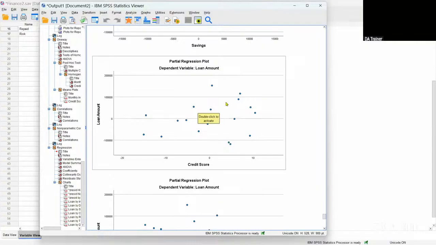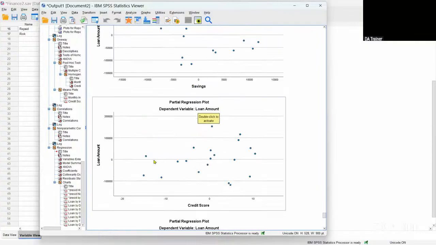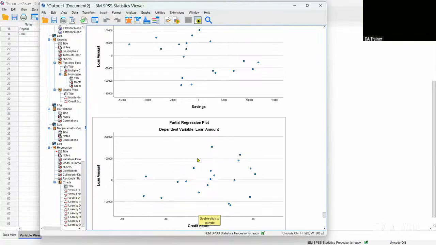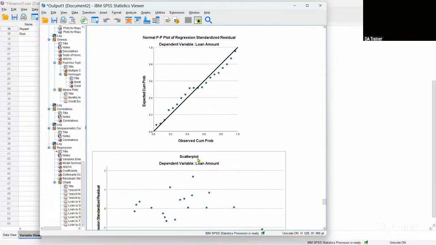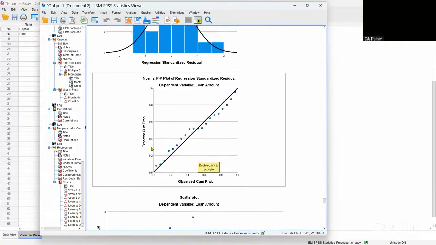These are the partial regression plots, and then loan amount in regards to credit score. In fact, the expected outcome here and the observed is that everything was just a linear flow.